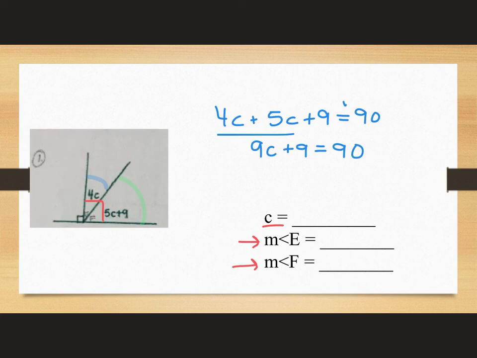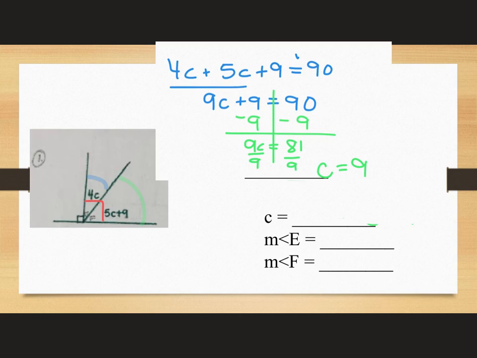Then we subtract 9 on both sides, which gives us 9C equals 81. The last step is to divide by 9, and that tells us that C equals 9.